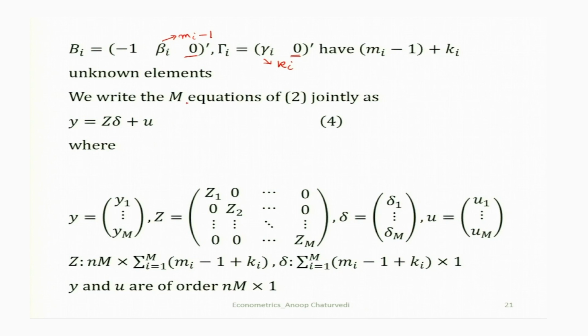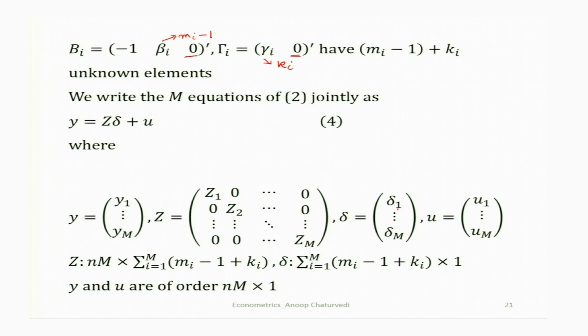Now, we can write the capital M equations of 2 jointly as, say, y equal to Z delta plus u. So, we combine all the M equations, where small y is equal to (y_1, y_2, and so on up to y_M), and capital Z is equal to, corresponding to the first equation, Z_1 here, then 0, 0, and so on; then you have 0, Z_2, and so on; and so on, 0, 0 and so on, Z_M.